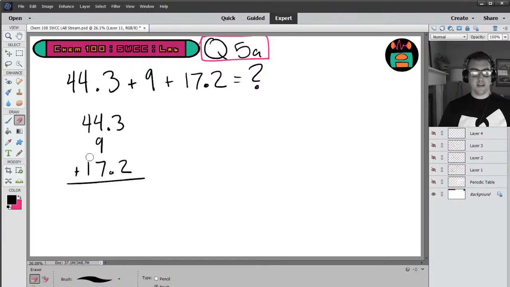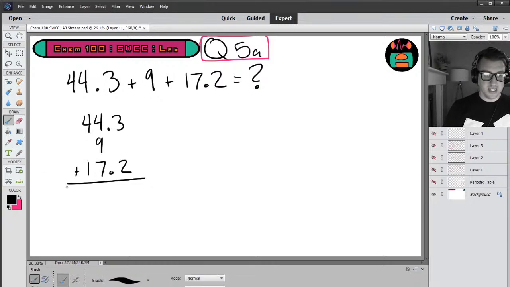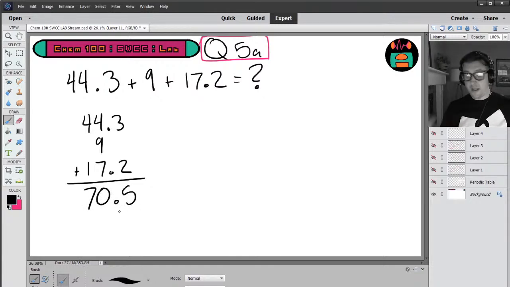We need to do the addition, and the beauty of Chem class is we don't have to do this kind of stuff in our heads. We can totally use a calculator for this. So 44.3 plus 9 plus 17.2. You do this addition, this comes out to be 70.5, and that is the correct value, but it does not necessarily have the correct number of sig figs.